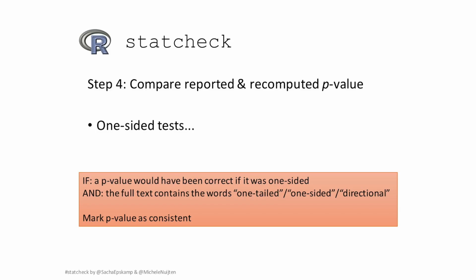So we thought, well, if people mention that they are performing a one-tailed test and then report a one-tailed p-value, then we should make sure that statcheck doesn't flag this as a possible error. So what we try to do is come up with this little trick. We say that if a p-value would have been correct if it was a one-tailed test, and somewhere in the text we can find the words one-tailed, one-sided, or directional, then we will say this was probably a one-tailed test and we will count it correct.